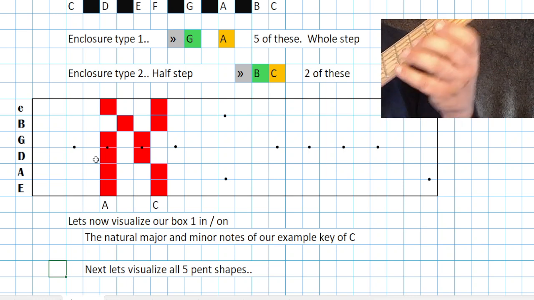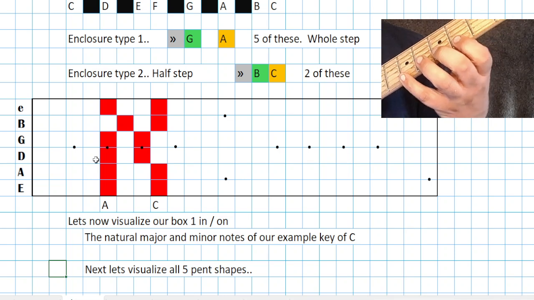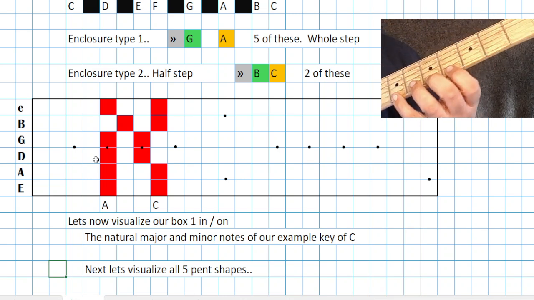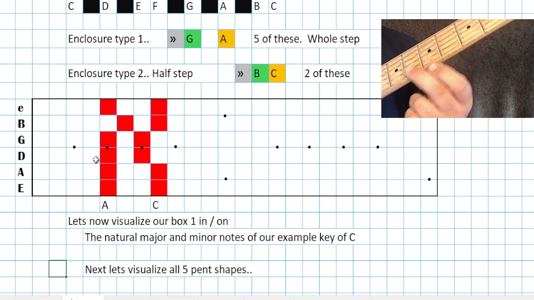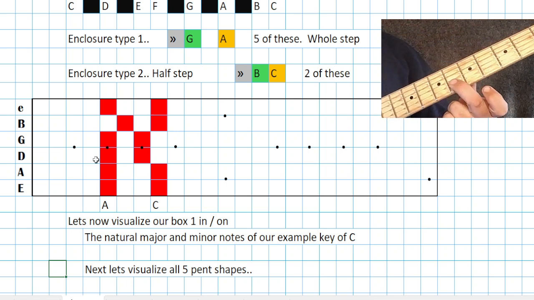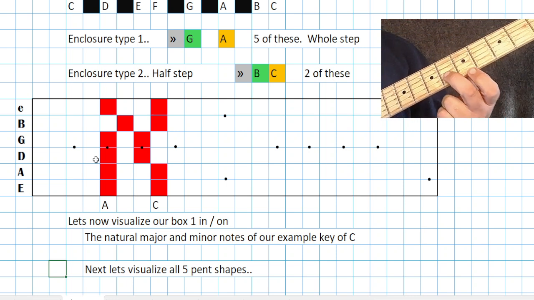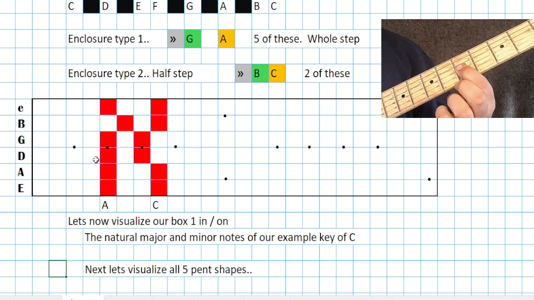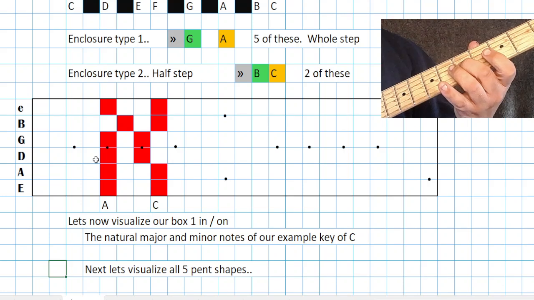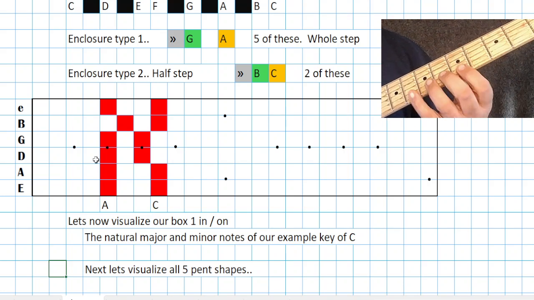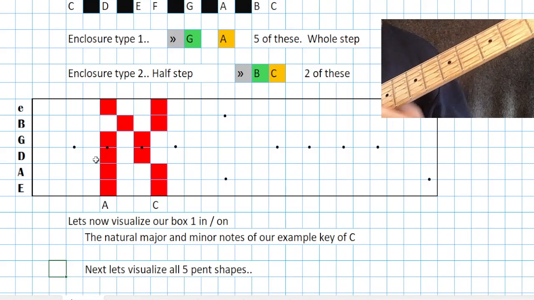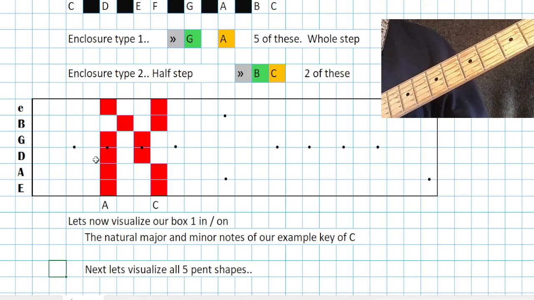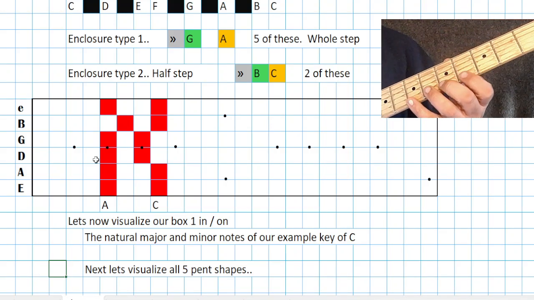So all you need to know at this moment is, okay, cool. If I want to move this shape, enclosure type 1, all around, I better think about this note as my target note, because there we are on the B string at the 6th fret, and then back to the 5th fret. But there's a bonus coming up that makes this even better. I'm going to show you when we get to the half-step ones that area gets even cooler. So I would shift right there, keep that, remember that.